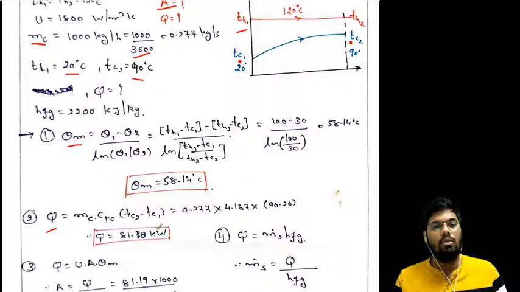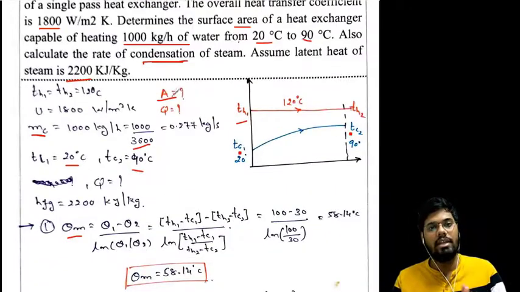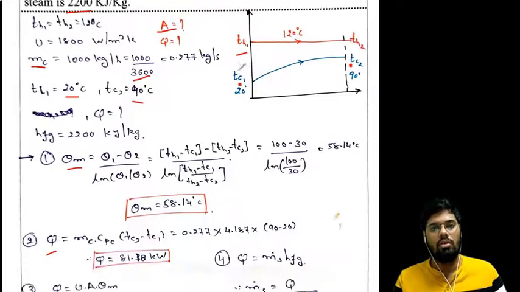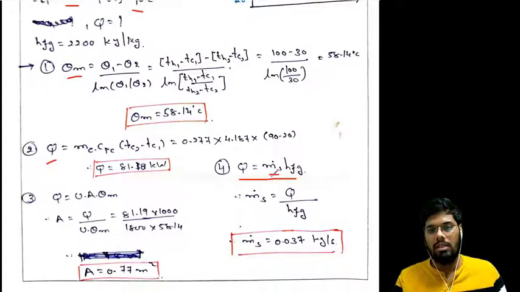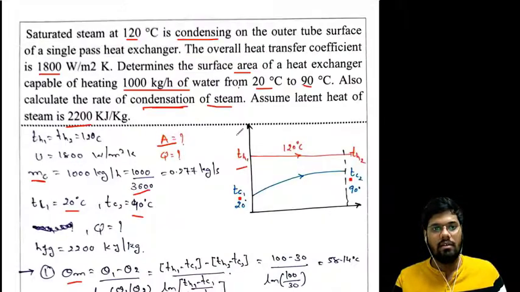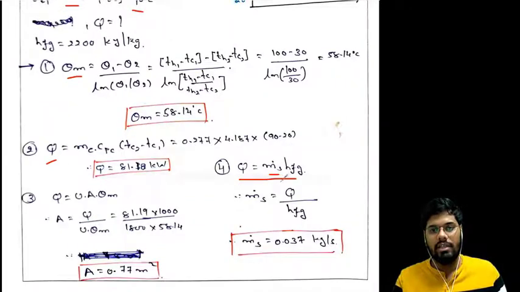Now we need to find out condensation rate of steam. To find out condensation rate of steam, we can use this equation: Q is equal to mS hfg. This is condensation rate of steam into hfg, because the unit would be kg per second. hfg is in kilojoule per kg, so it is kg per second times kilojoule per kg, and this is our kilowatt, so it is also in kilojoule per second.